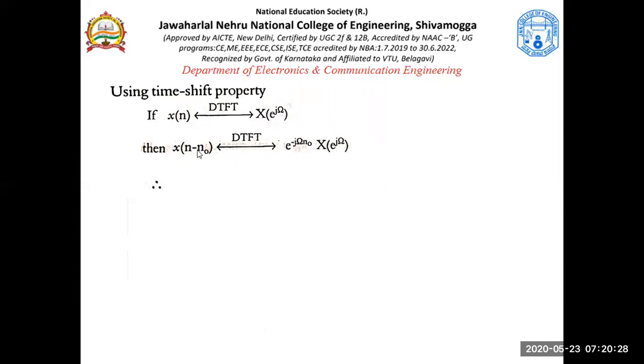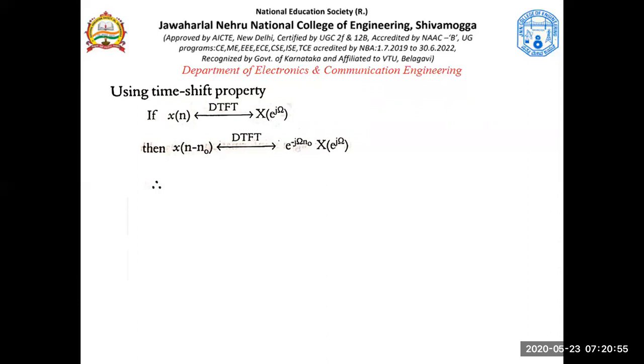Since there is minus n naught, you have e power j omega to the power minus n naught. So we used to have z to the power minus n naught. What is the z transform of this? It is z to the power minus n naught into x of z. Very similar to that, except that z is replaced by e power j omega. This is the same property.